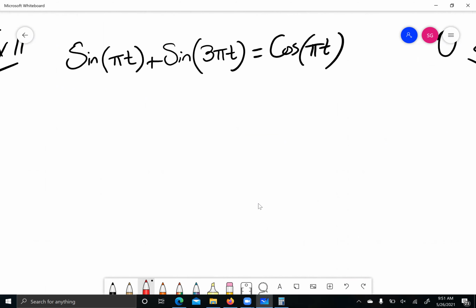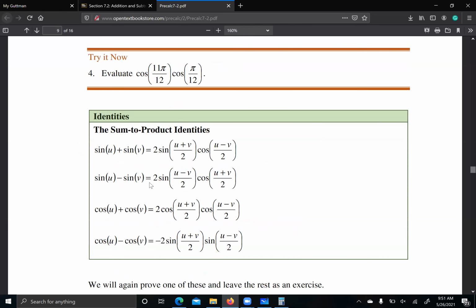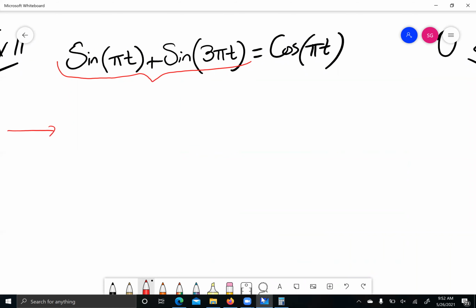But on the left side, we have the summation of two sine functions, sine of an angle plus sine of another angle. I have an identity for this, the first identity, the sum to product identity that I'm going to apply.